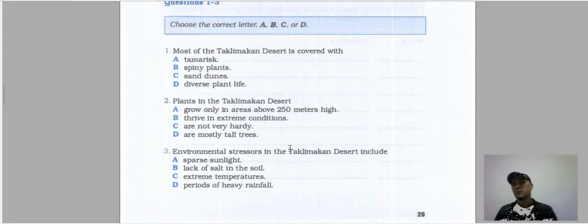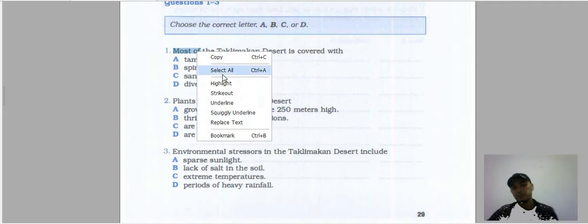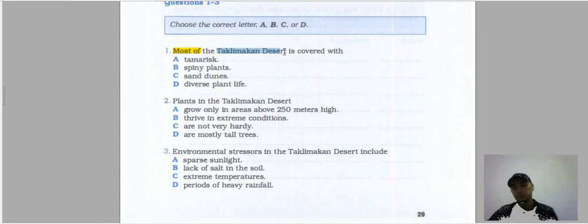Very easy. First, look at the first question: most of the Taklamakan Desert is covered with tamarisk, spiny plants, sand dunes, or diverse plant life. And here you have to underline the keywords.